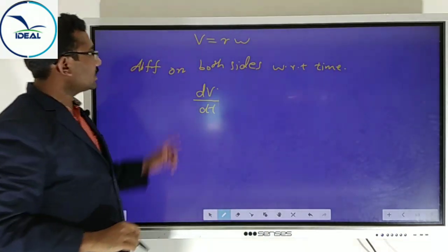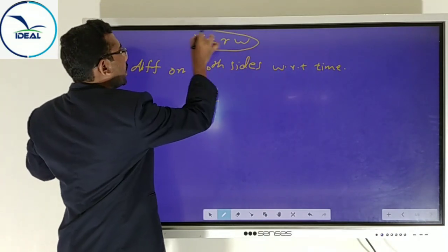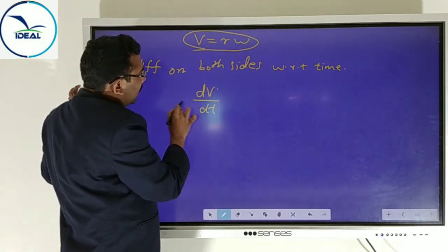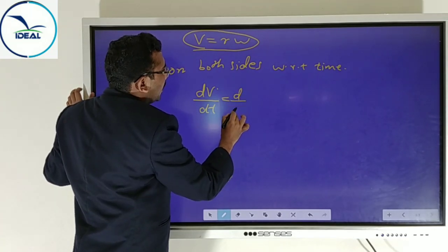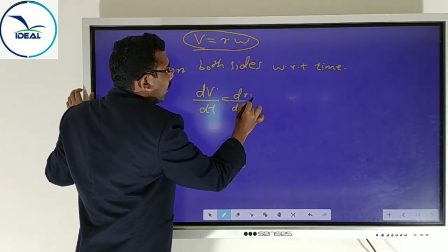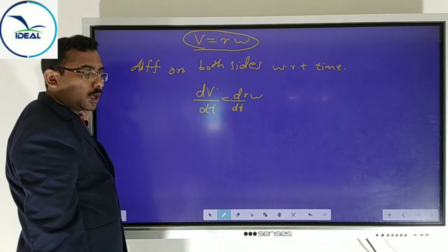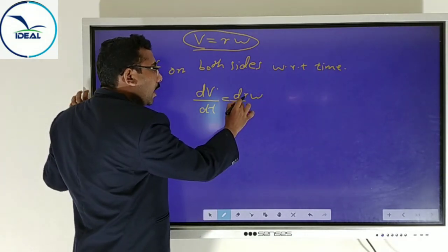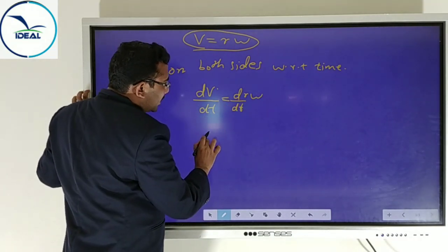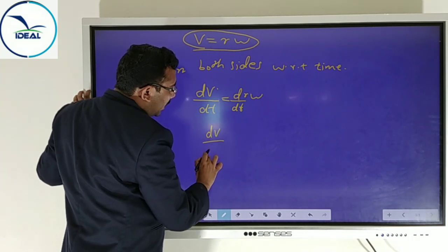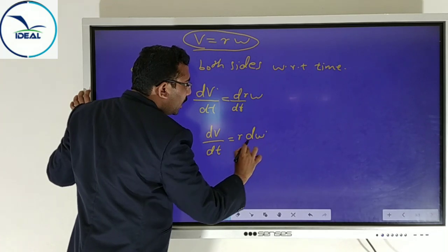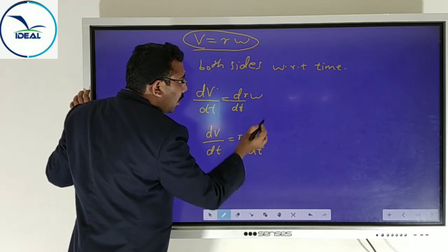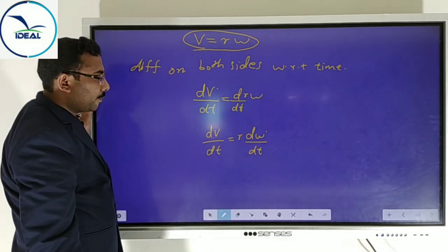We get dv by dt equal to d by dt of r omega. We take only magnitude, then r is constant, so we can say dv by dt equal to r into d omega by dt. We can take the r outside from the differential.